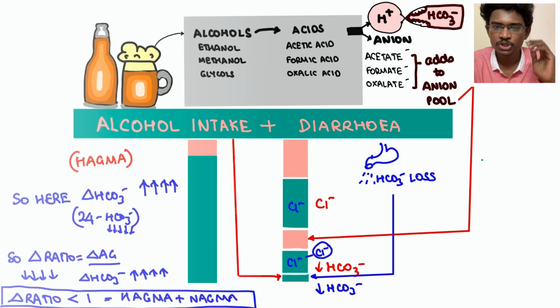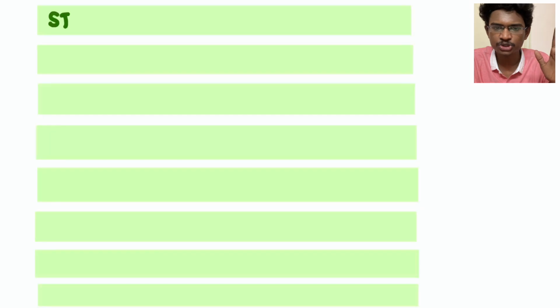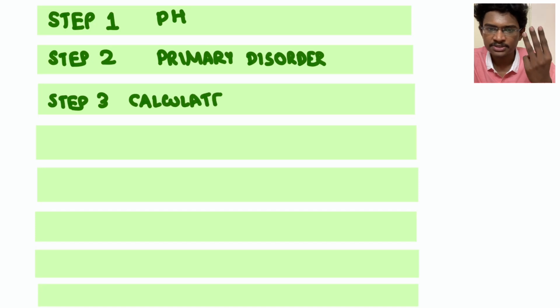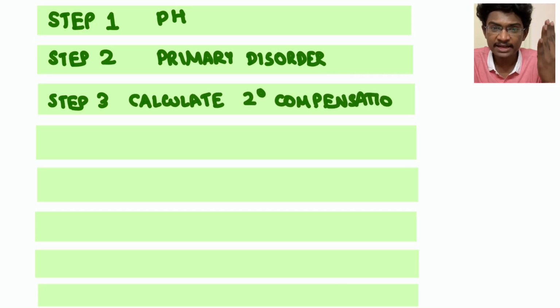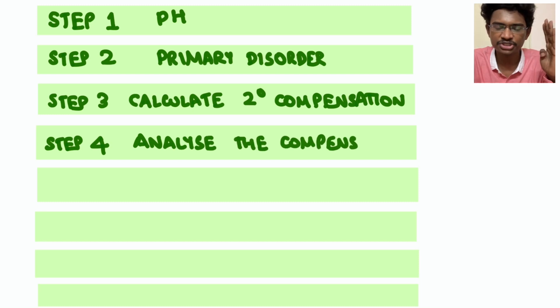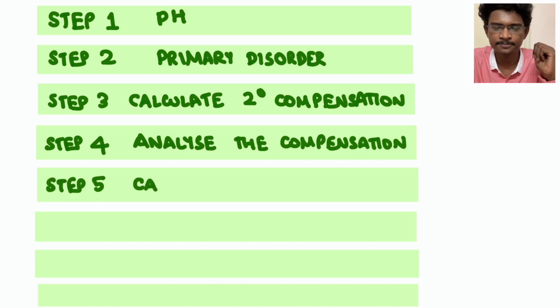Hope you understood. So the 8 cardinal steps are: first, pH, acidosis or alkalosis. Next, primary disorder, respiratory or metabolic. Next, compensation. Next, analysis of your compensation, whether it's completely compensated, partially compensated or uncompensated.